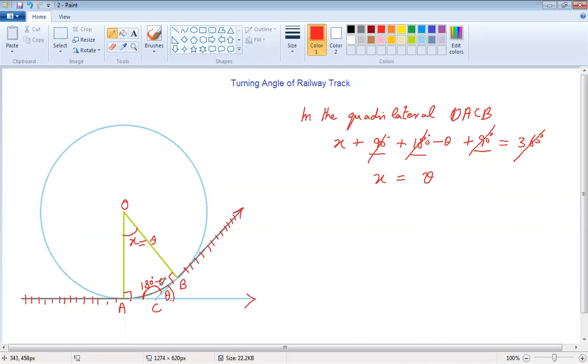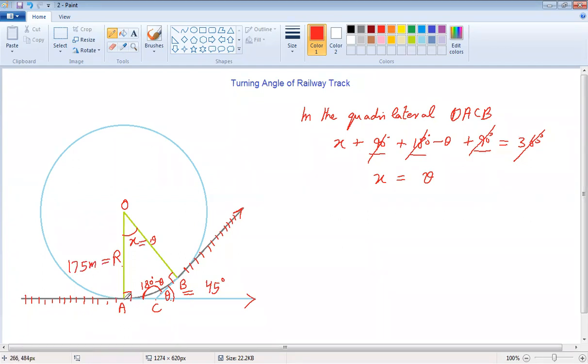So this means that if the radius of curvature, the radius of the turning track, be known to us, and we want to turn the track through a known angle, suppose theta, let us take an example, 45 degree, and radius of curvature is suppose 175 meter.